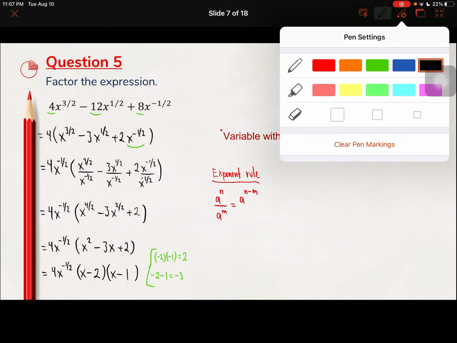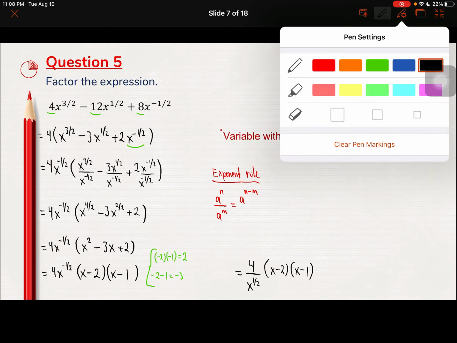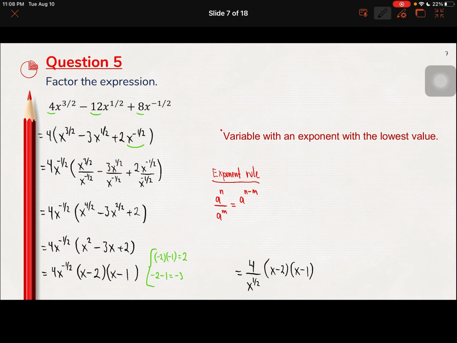And finally the last answer, just to give an expression without negative exponents, I'm going to write that as 4 over x to the 1/2, times x plus 2, and x minus 1. So this is going to be the answer of this exercise.